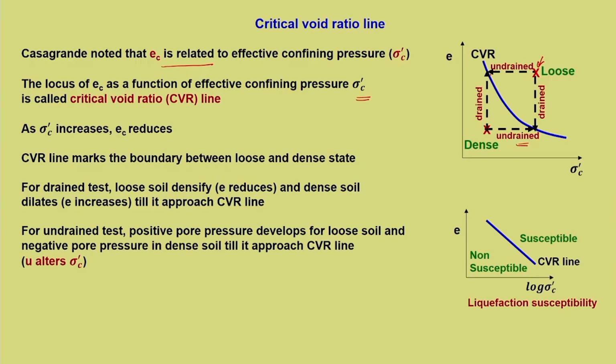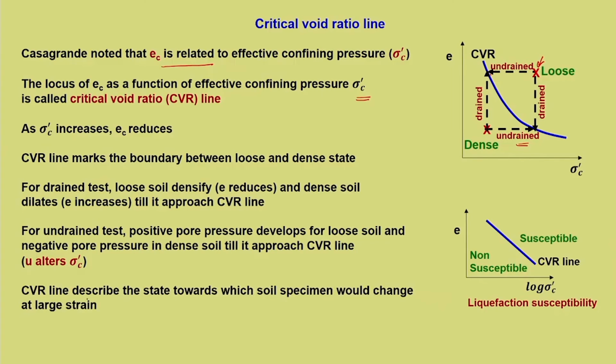So, it becomes negative. Now, because of this negative pore water pressure, sigma dash C, that is the effective confining pressure, keeps increasing. This we know, effective stress keeps increasing for negative pore water pressure till it reaches the constant void ratio line.